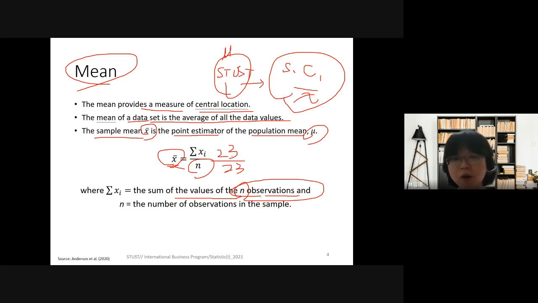For example, for the scores in your individual test 1, there will be 23 students' scores, and I can divide by 23, then I will get the mean score for you. And it's a sample mean.